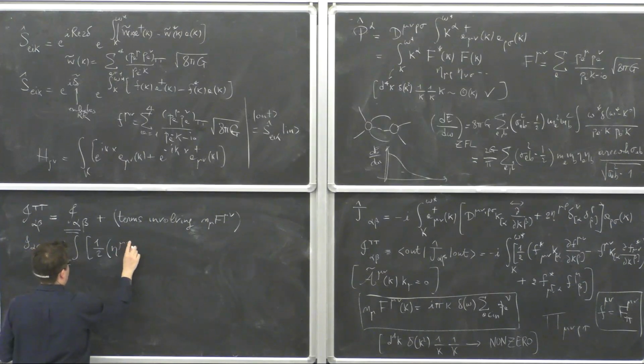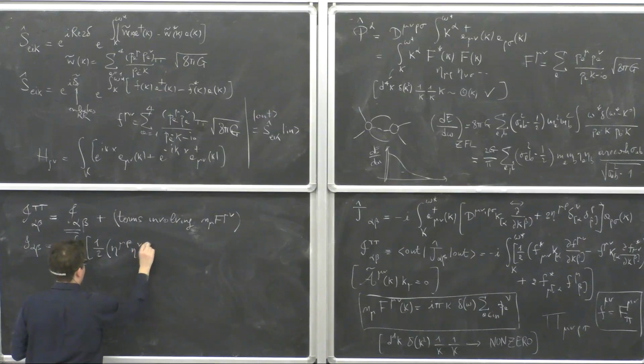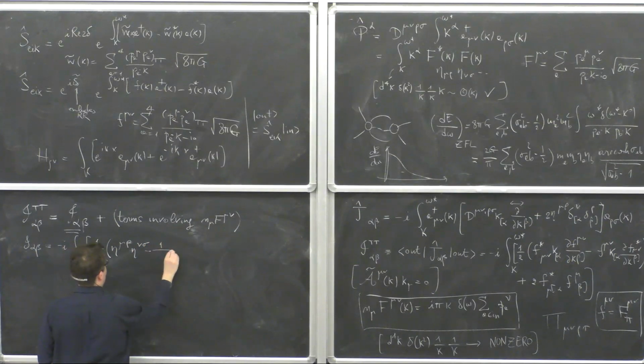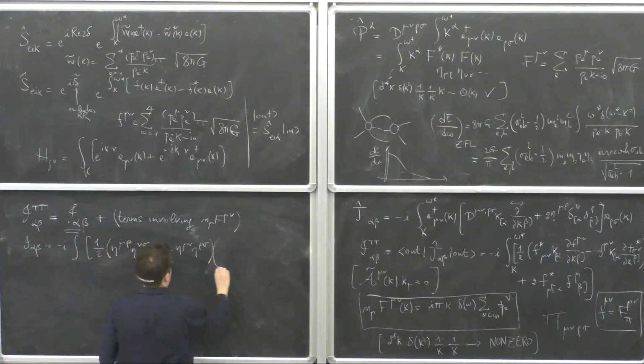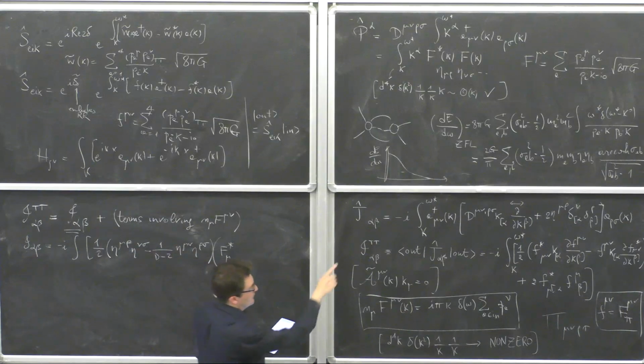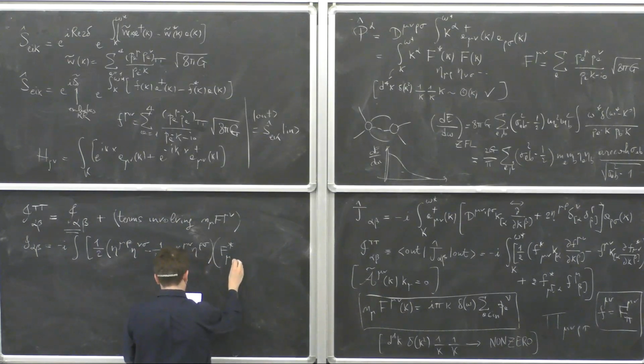So here appears our beloved reference vector independent, manifestly covariant structure. And here F is capital F, so the one without the TT projection.